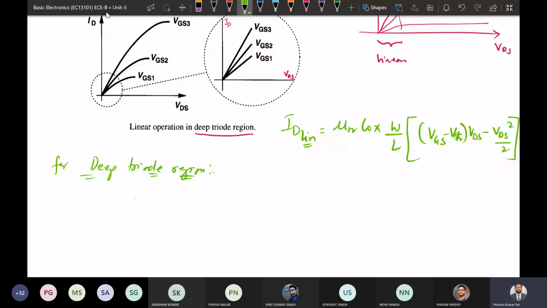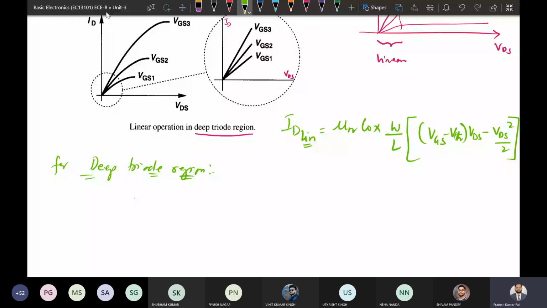If VDS is very much less than 2 times VGS minus VT, then in comparison, this term will be neglected, because this is very less than 2 times VGS minus VT.